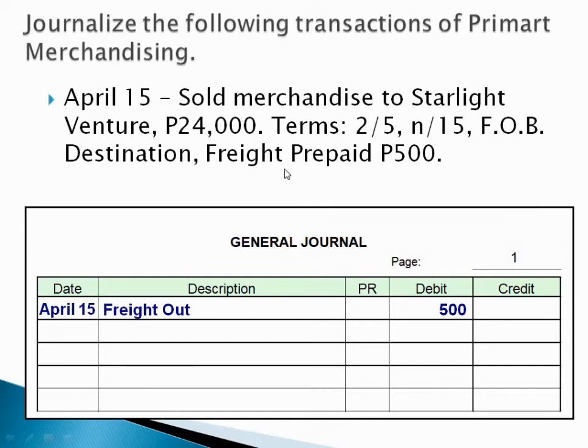Then consider also freight prepaid, who actually paid cash to the courier for the delivery cost when it's freight prepaid. The seller. And because the seller was Primark, in whose perspective we are recording the transactions, we must credit cash for 500 to record freight on the sale.